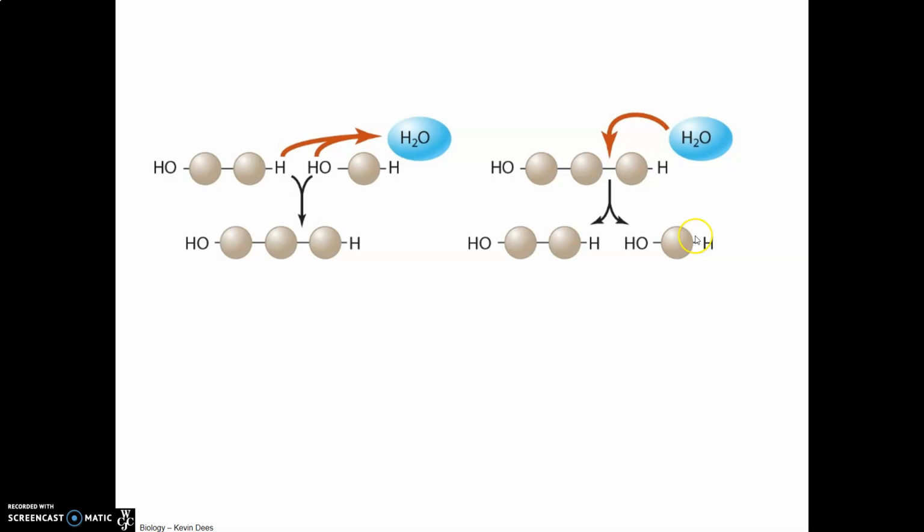So here we can see an example of how this might look. Now again, this is a very simple example. The monomers here are just represented by these individual little spheres. And what you'll notice is that one monomer has a hydroxide on one end and a hydrogen on the other.